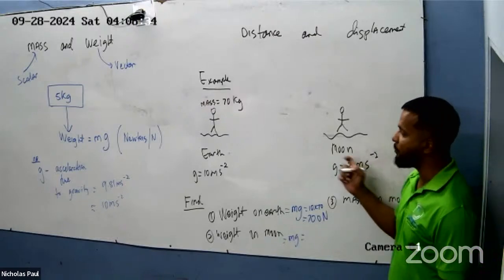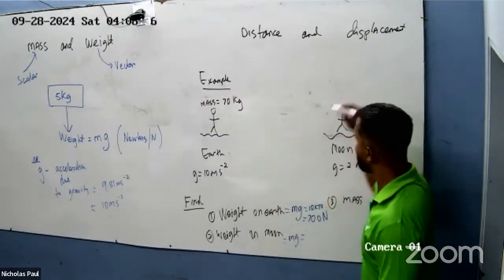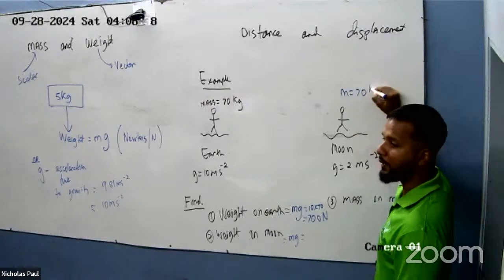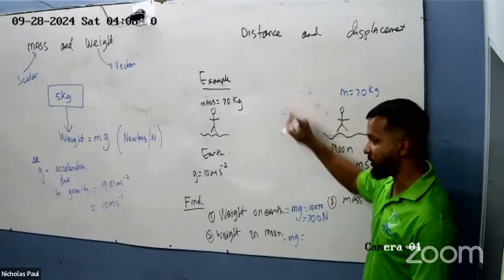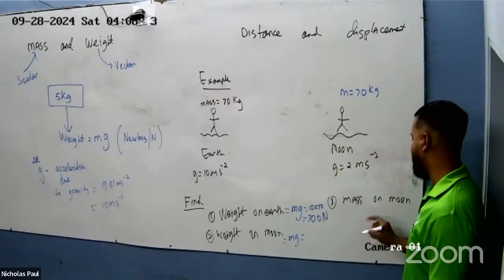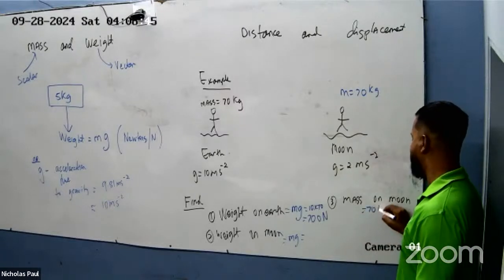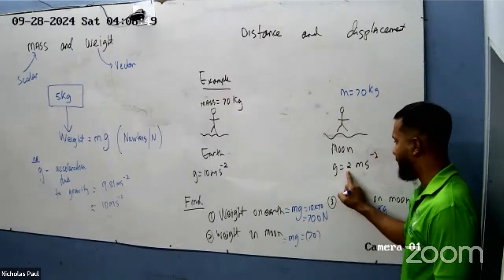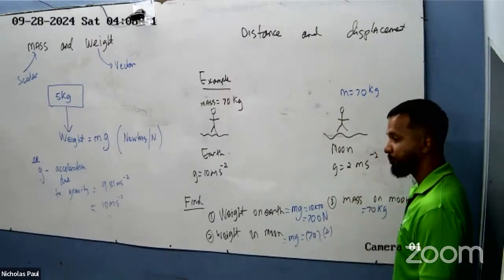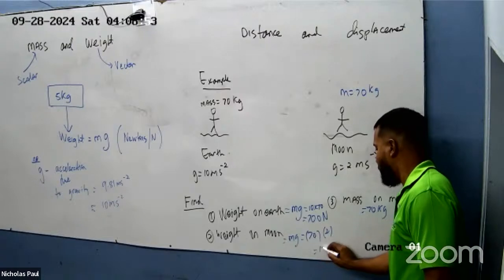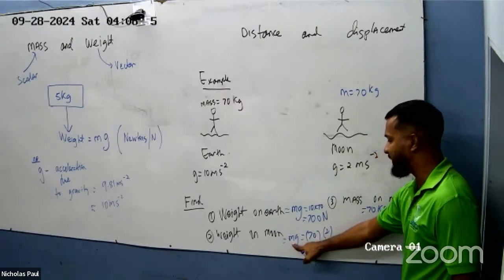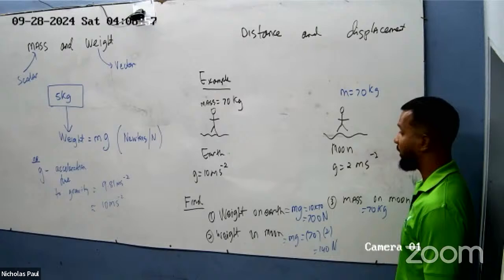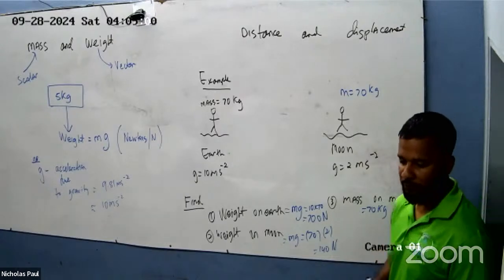What's the mass on the moon? The mass on Earth was 70, and mass doesn't change, so the mass on the moon is 70 kilograms. Weight will be 70 times 2, so that's 140 newtons.